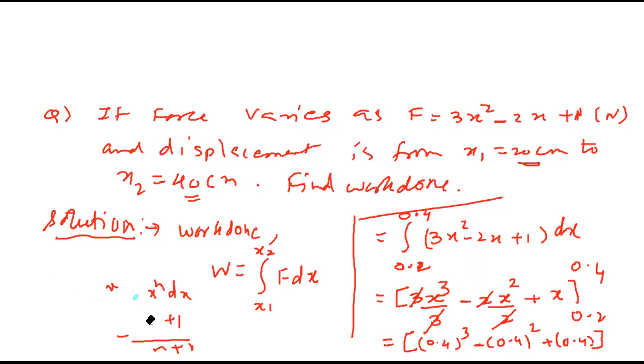It is a bit mathematical, so you may feel it is difficult, but it is not difficult. Minus lower value. There is no space. Minus of, this is continued, minus of further 0.2 cube minus 0.2 square plus 0.2. Please write this much, then I'll solve after clearing space.